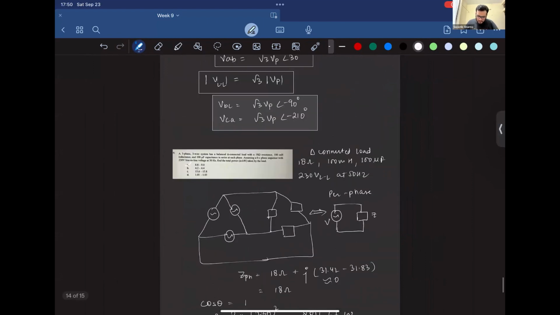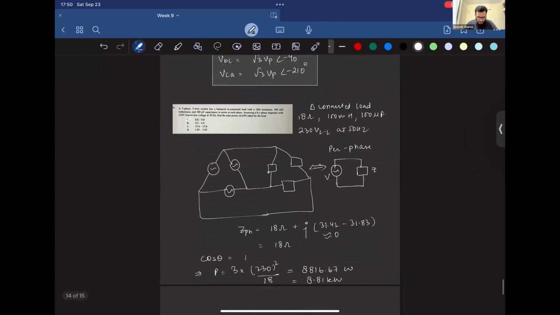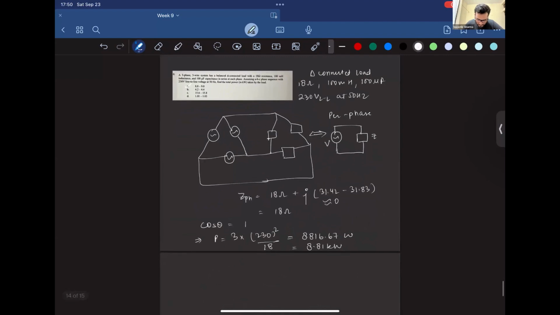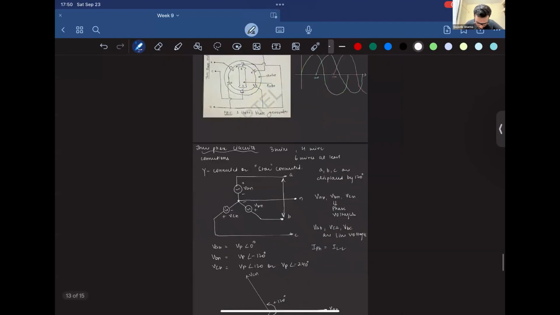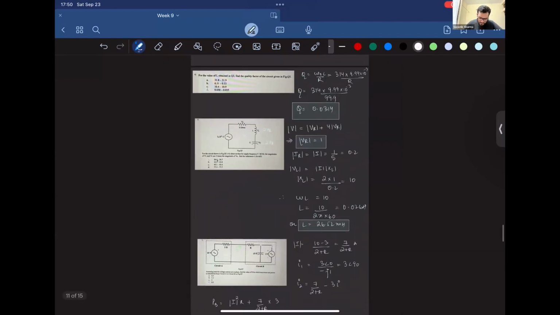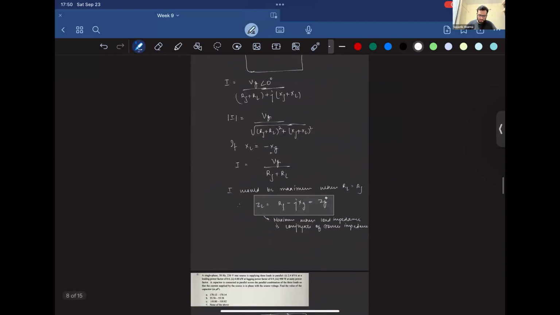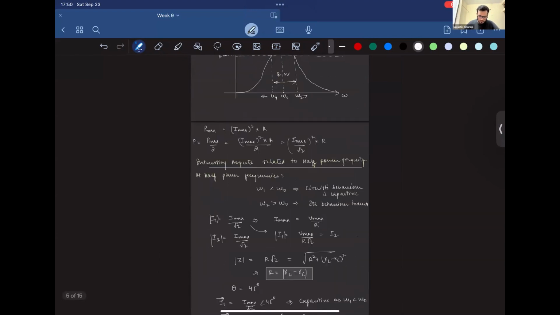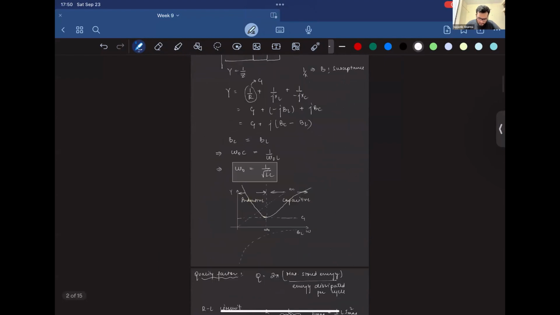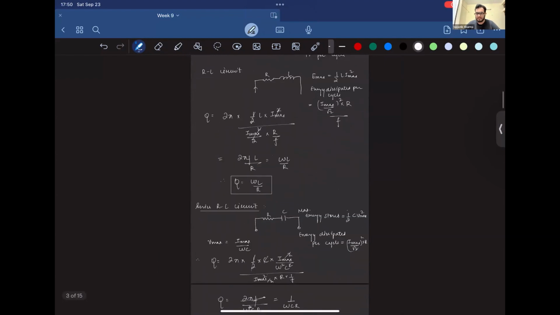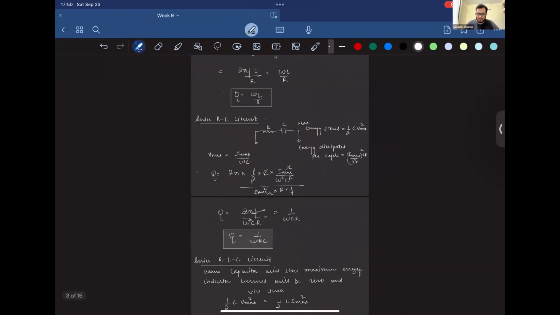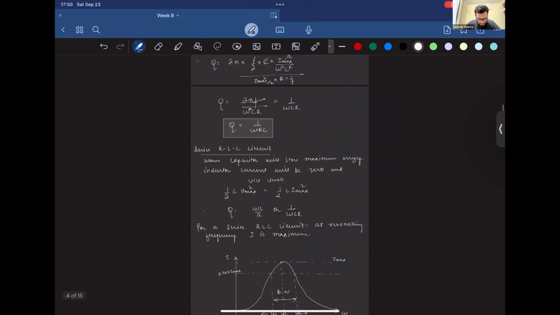We'll continue from here in the next class since we don't have time left now. So I'll quickly go over what we did in today's class. We discussed some concepts pertaining to parallel resonance. Then we discussed what quality factor is and some relations of quality factor with respect to different quantities.